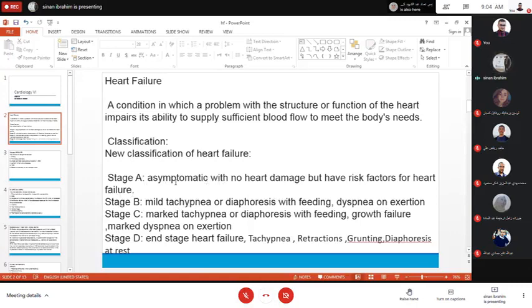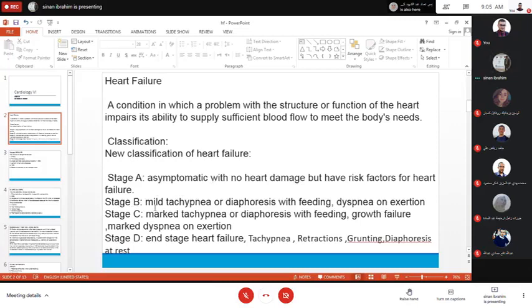Like sometimes with a large VSD, we see the patient is asymptomatic, discovered accidentally, but when we look at the heart, we see that there is overload of the heart, and this patient will definitely develop heart failure in the future with a large VSD. So we start him on treatment in this stage.